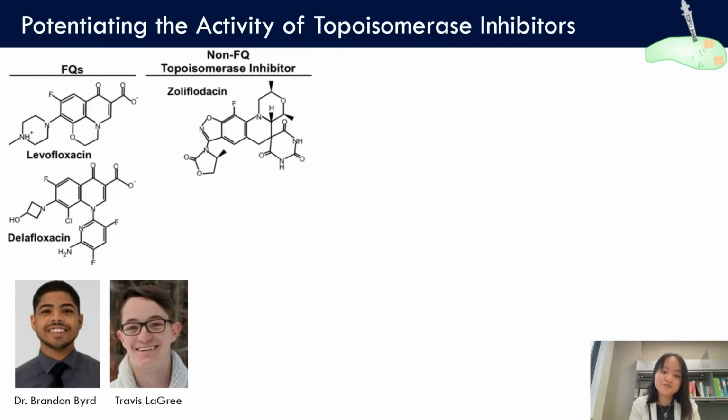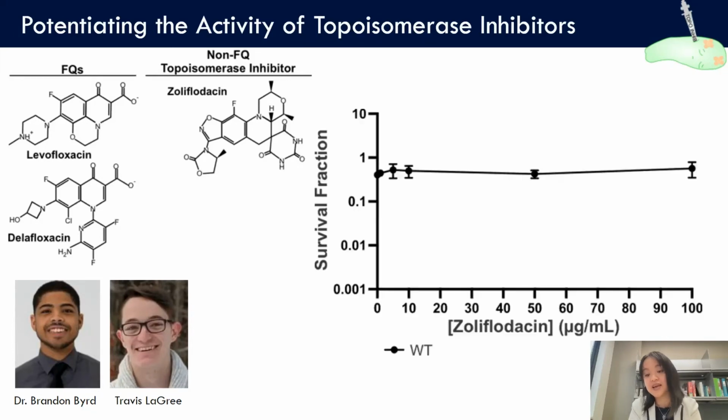So because Zoliflodacin is a topoisomerase inhibitor, we first asked whether Zoliflodacin, like what we had seen with fluoroquinolones, can also kill slow or non-growing populations of E. coli. And the answer we got back was no. So we had applied Zoliflodacin at high doses, about 100 micrograms per mL, which is about 50 times above the MIC, and we didn't see an effect on the survival of these populations.